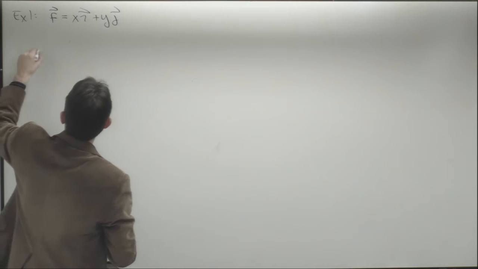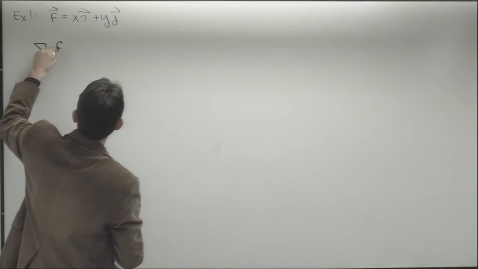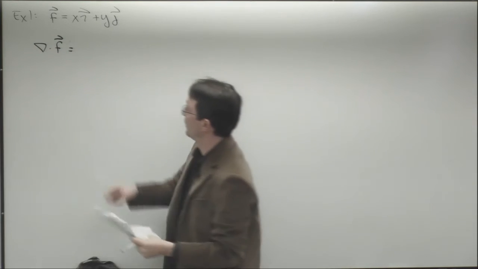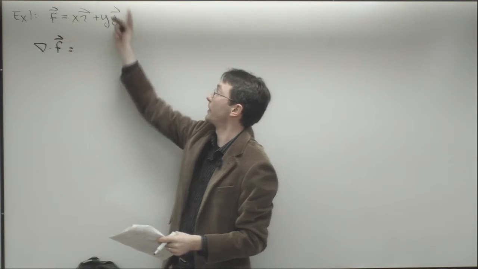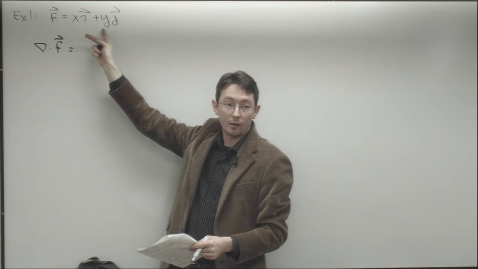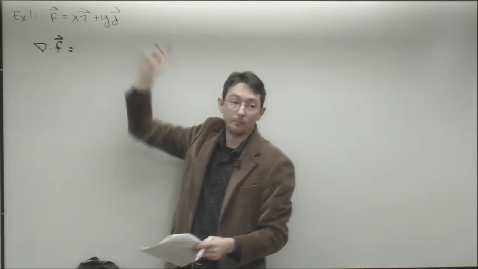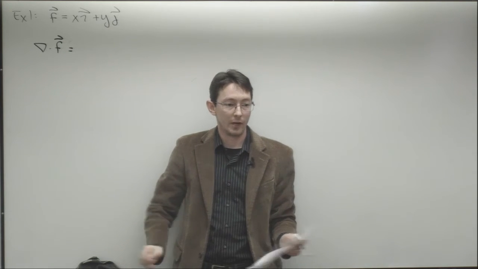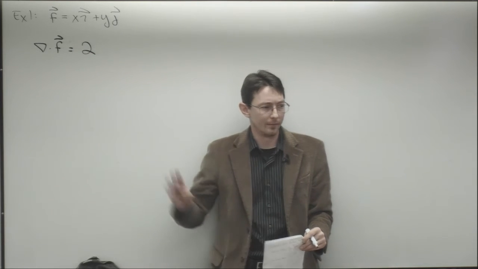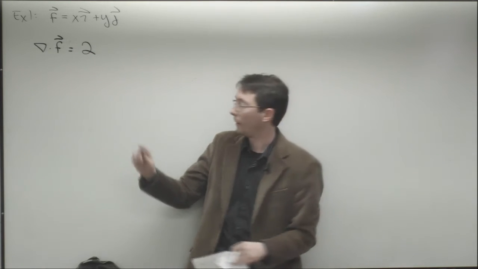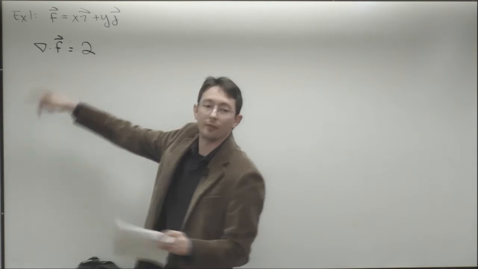Okay, and so del dot f is just partial of this term with respect to x plus partial of this term with respect to y, which is just 1 plus 1. Okay? So this equals 2. Does that make sense? Yeah? Okay. So this is a positive divergence.